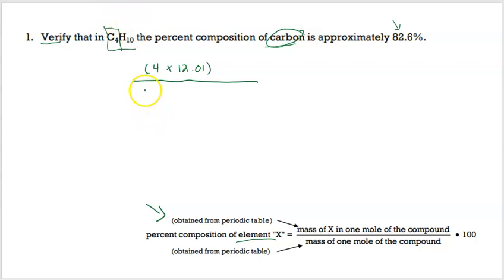So I'm going to take that over 4 times 12.01 again, plus, we do have the other part of this compound that involves 10 hydrogen atoms, 10 times the mass of hydrogen, which is 1.01.